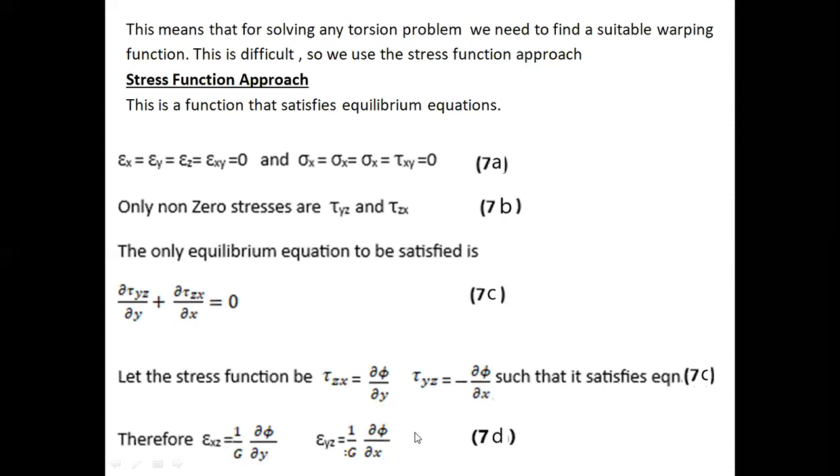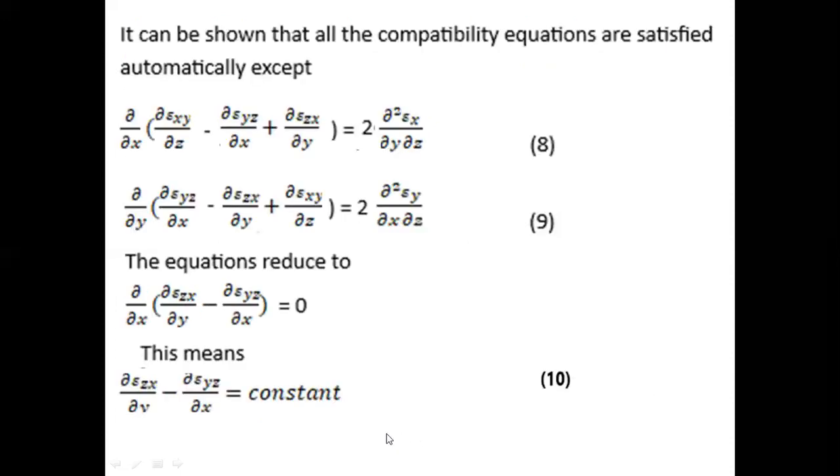Now why have we done that? This is because if we put it in the two compatibility equations that are not automatically satisfied, then we can find our condition.